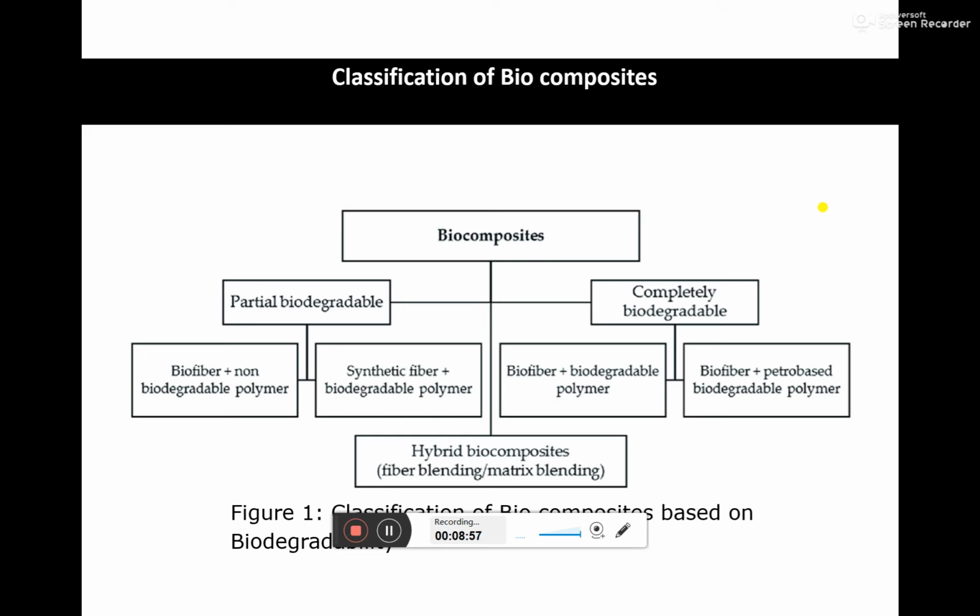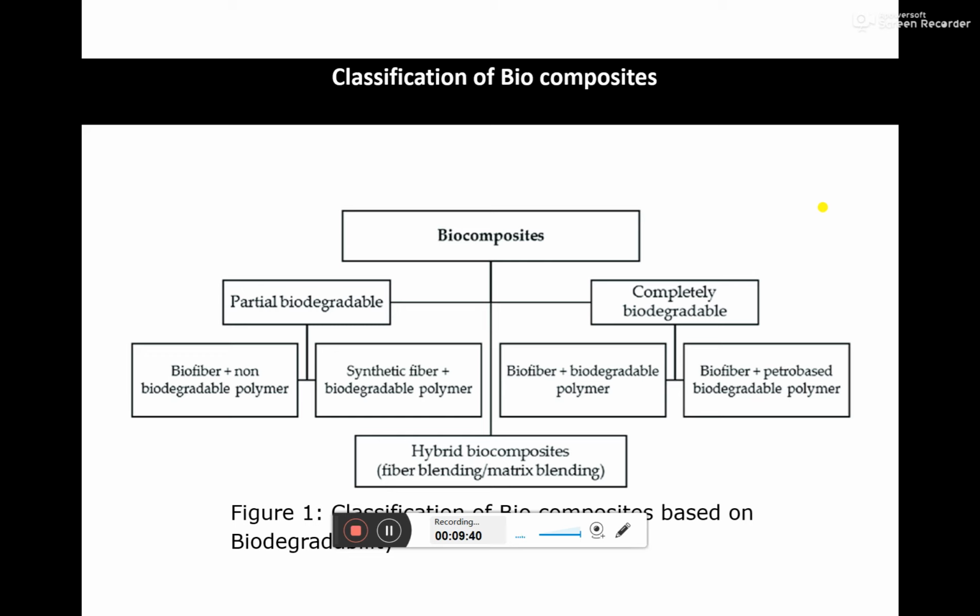Based on usability, whether you are using only matrix or only reinforcement, or a combination of synthetic fibers, biopolymers and biofibers, based on the usage of biodegradable materials, these biocomposites are mainly classified as partial biodegradable composite materials and completely biodegradable composite materials.